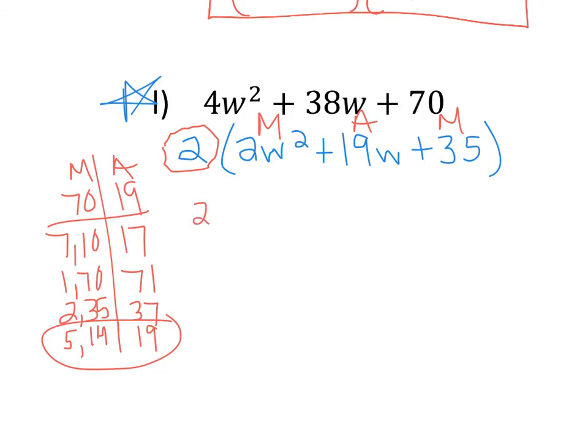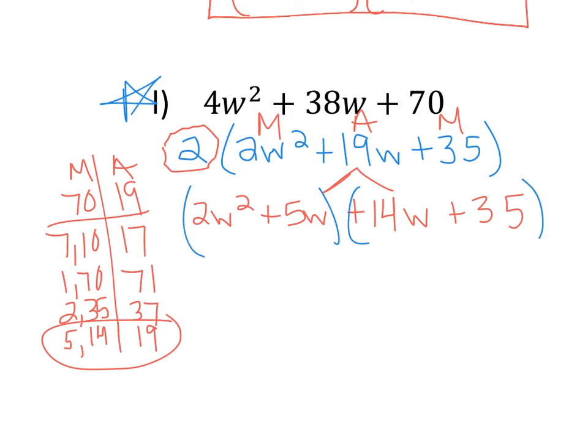So I'm going to bring down my first term, 2w squared, splitting my middle term into positive 5w and positive 14w, and bring down the 35. Let's go ahead and group. The only thing in common in this first one is a w, and I'm left with 2w plus 5.